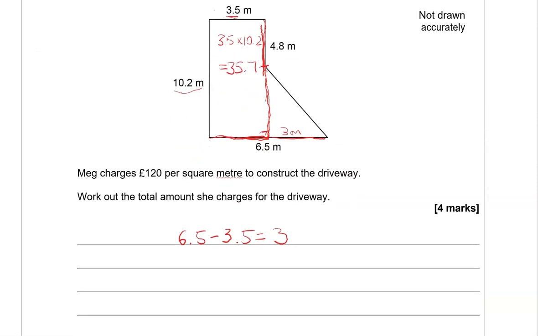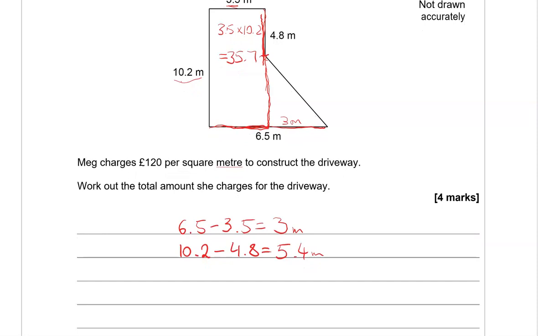So 10.2 take away 4.8 gives us 5.4 meters.